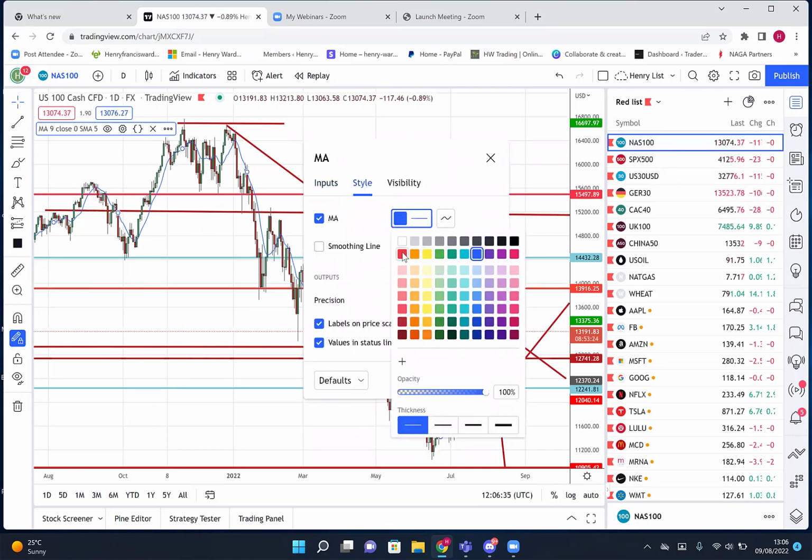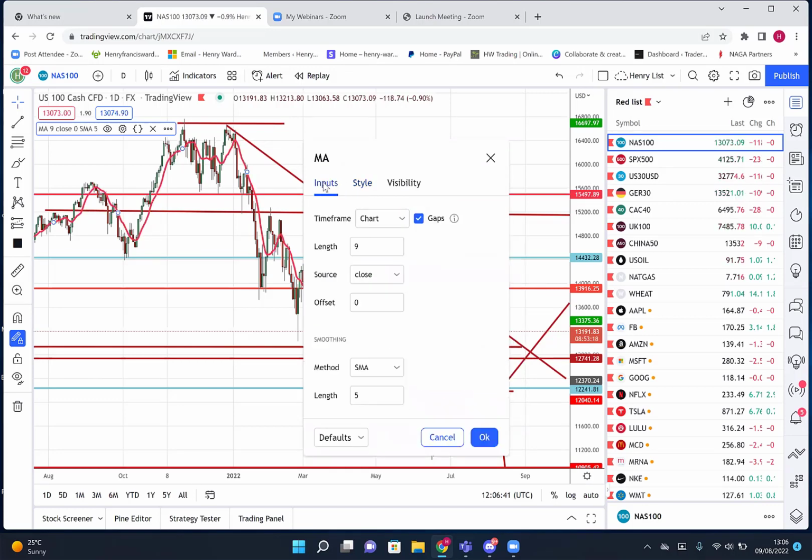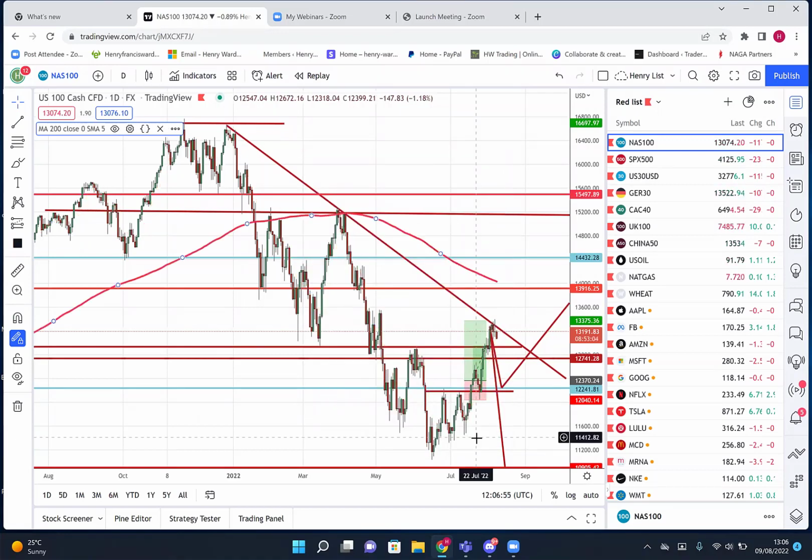So change this to red so we can actually see it. Change the thickness as well. Input. Change this to 200. Okay, so we have the 200 moving average here.